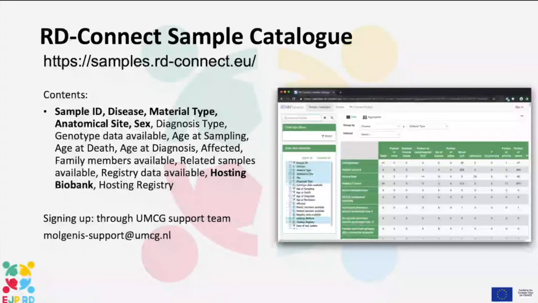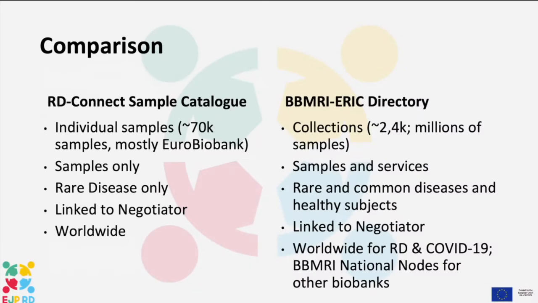If we try to compare these two tools, you see that the ID Connect Sample Catalogue is really about individual samples. Currently, about 70,000 samples are listed, mostly from biobanks that are part of the network. It is focused on rare diseases only, but it has worldwide coverage.